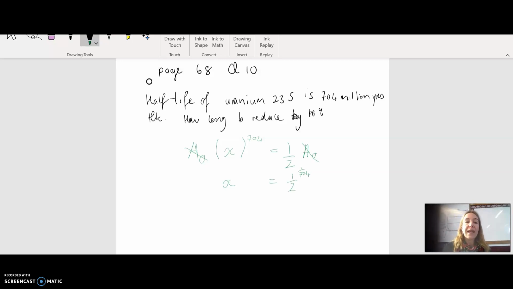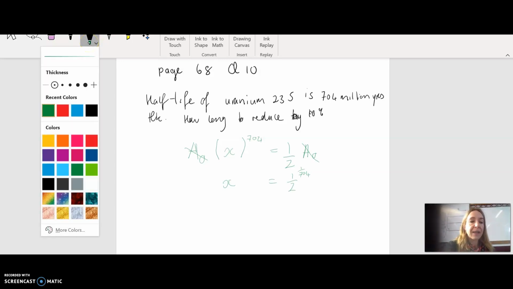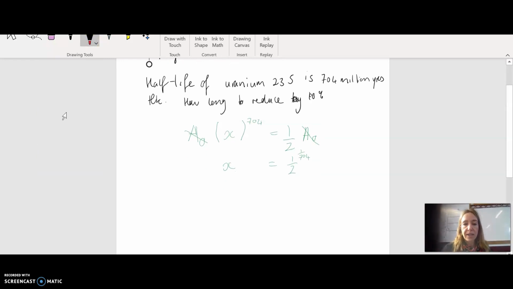I now can work out what my actual question is asking. It's saying how long to reduce by 10%. So if it's reduced by 10%, that means that I've got 9/10 left. Remember, it's 1 minus the 10% that will give you how much of the original we're trying to find.